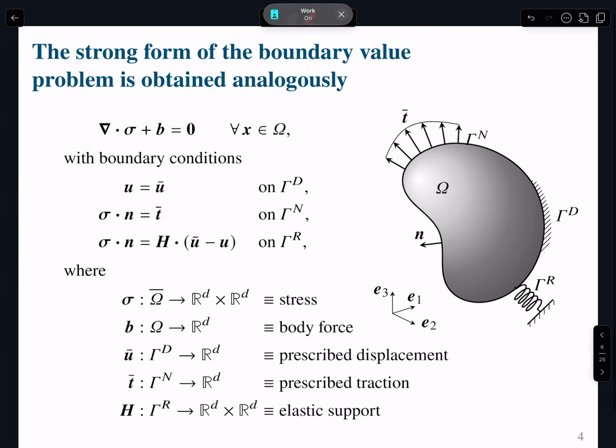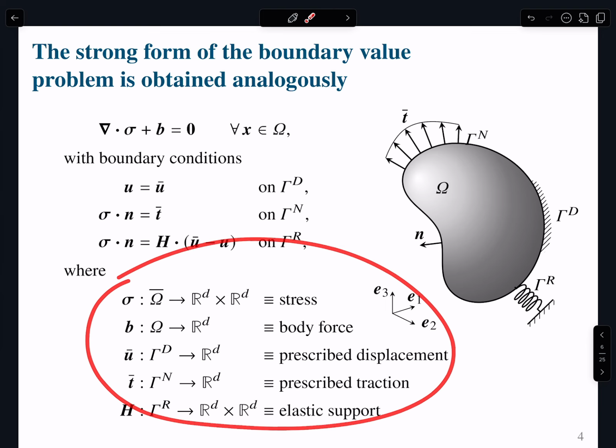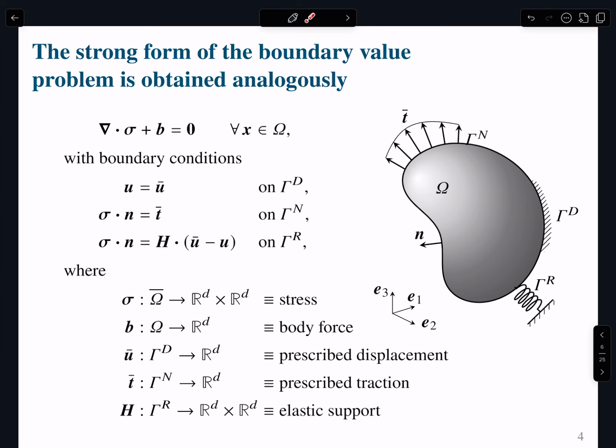Okay, the rest that you see here is just notation, essentially the function, domain, codomain. So if I look at the Cauchy stress, the domain is the closure of omega, and it's just a d-dimensional second order tensor. The body force is just a vector, the same with the prescribed displacement and the prescribed traction.